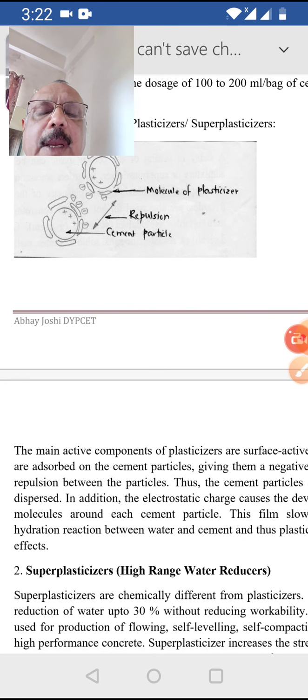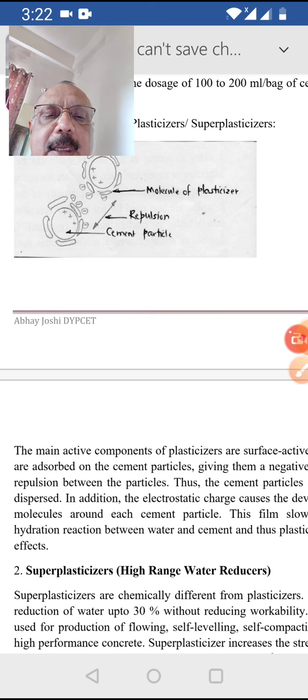Now, actually, the major active components of these plasticizers are surface active agents which are adsorbed on the cement particle, giving them a negative charge which causes repulsion, and thus the cement particles are dispersed. So flocculation is avoided, and the particles are deflocculated. That means they are not allowed to come together, and they will remain in suspension due to this repulsion.